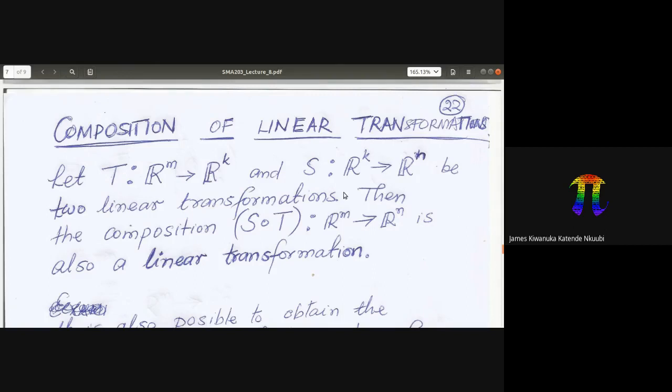Now from Rk, S will pick a vector in Rk and send it to a vector in Rn. So for this composition to make sense, these two Rk must be the same thing. Otherwise, you will not be able to do this. Because for it to work, you must have T sending vectors to Rk, and S will pick up from Rk to send the vectors to Rn.